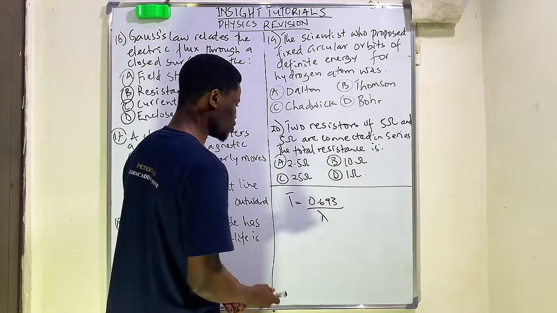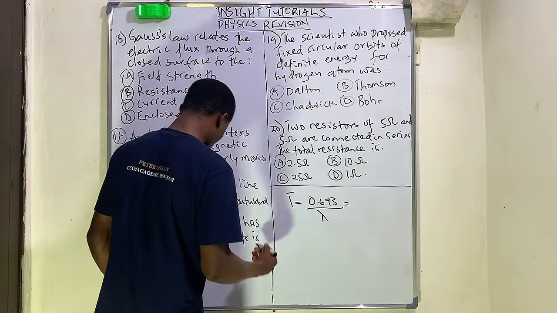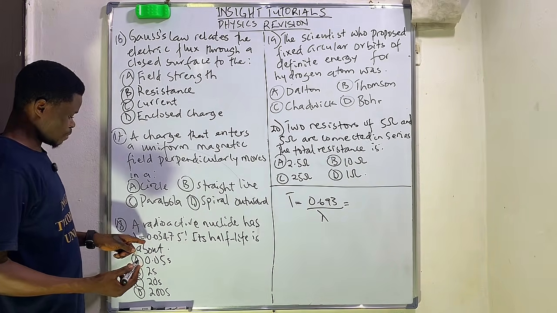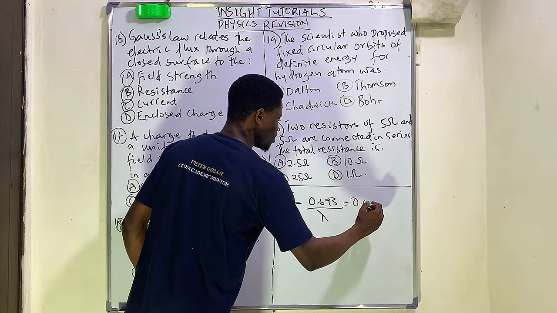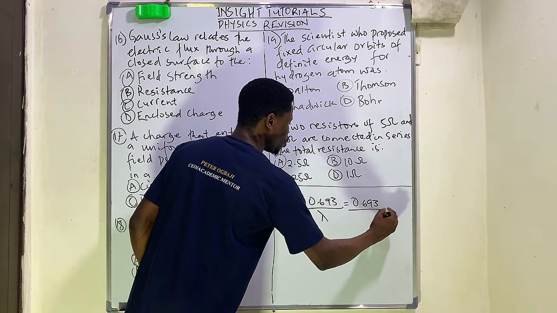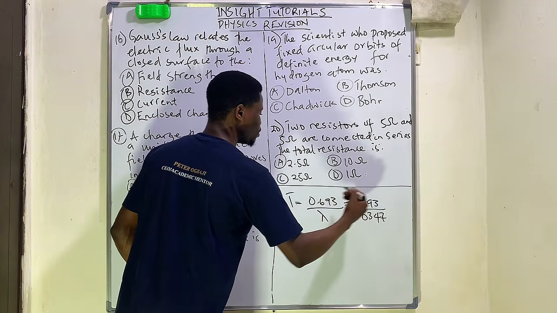The decay constant. So if we input that, we have our decay constant 0.0347. So 0.693 all over 0.0347.